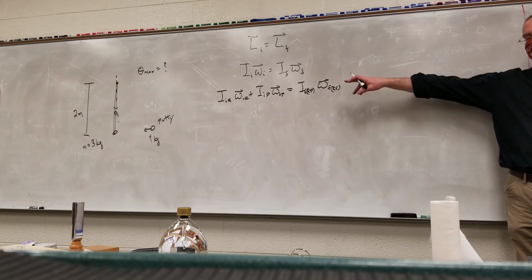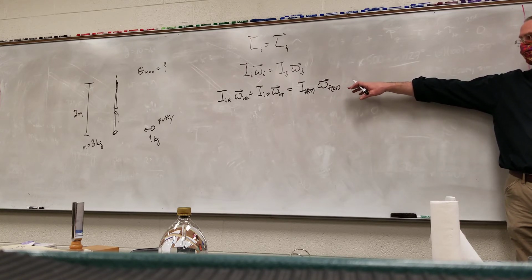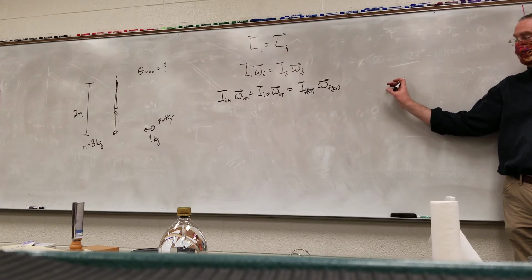I could have just repeated what I'd written the first time with a rod term and a putty term, and recognize that omega is the same for both of them afterwards.